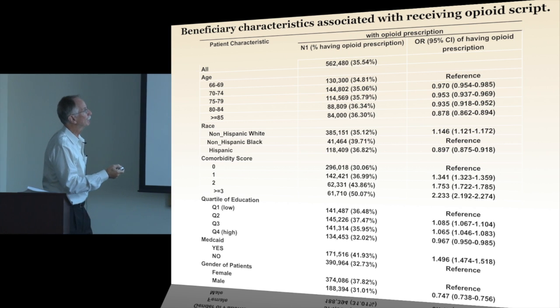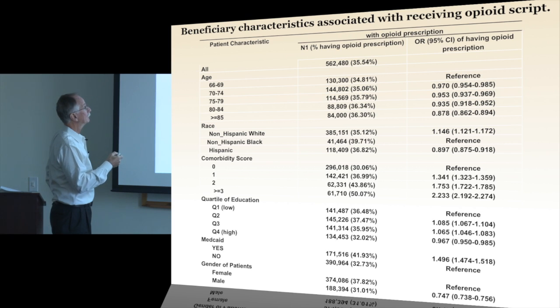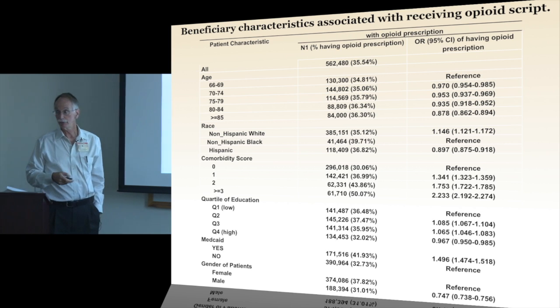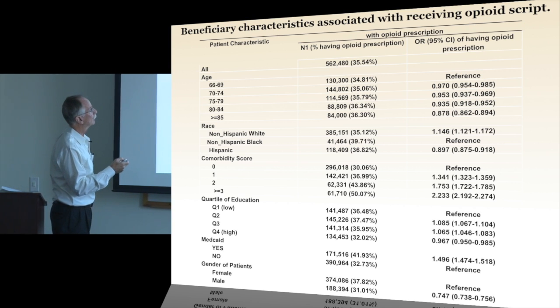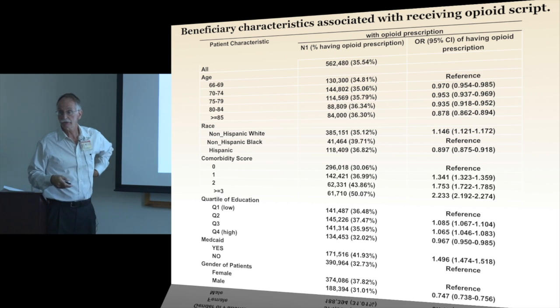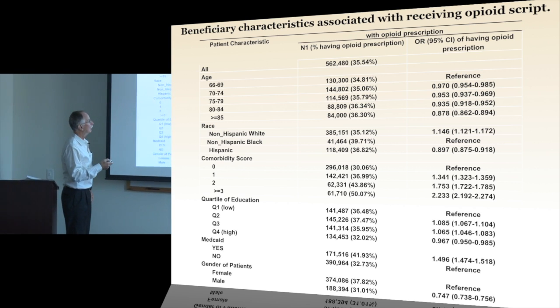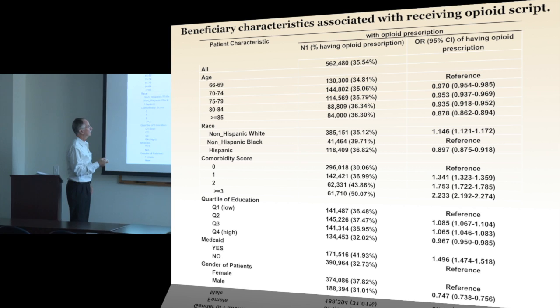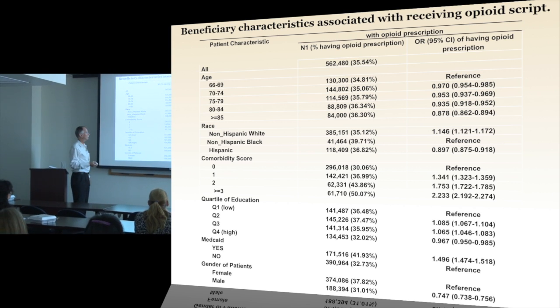And this is an example, because look at the prevalence of these drugs. You look at this and what would you say? Say it goes up a little with age, right? It goes from 34% up to 36%, a little increase. What do you say here? You say it goes down, okay? It goes down once you control for a blah, blah, blah. Here, what do you say? Say blacks are a little more likely to get it than whites, okay? 39 versus 35.